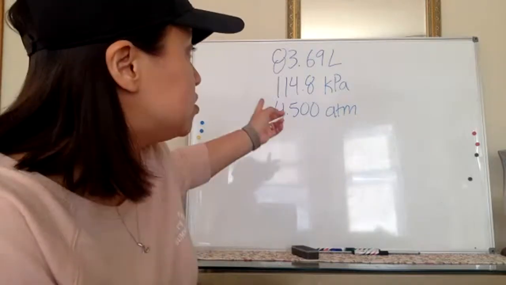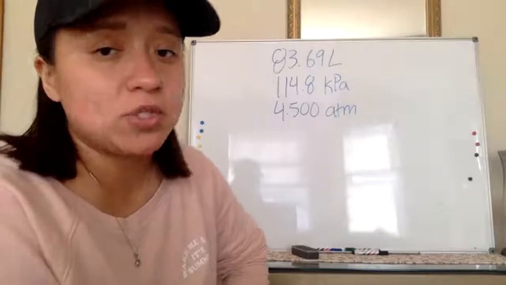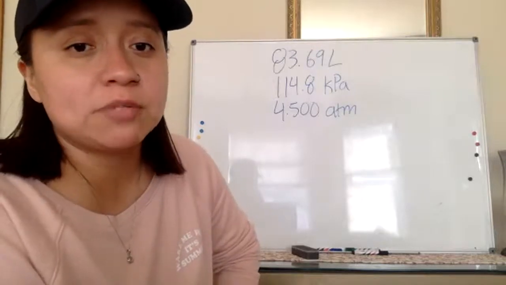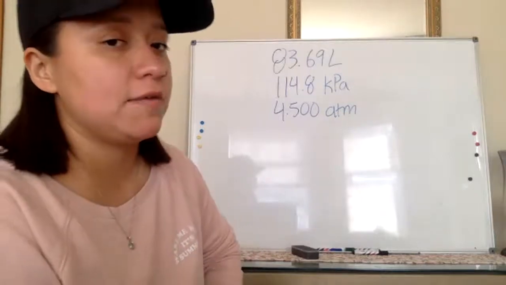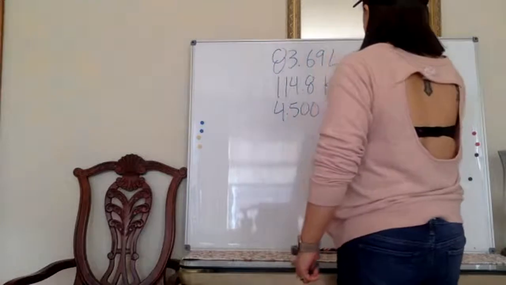So what we are going to do first is, for right now, I'm going to turn kPa to ATM. You can do whatever is best for you, but I'm going to do kPa to ATM first. It says 114.8 kPa.